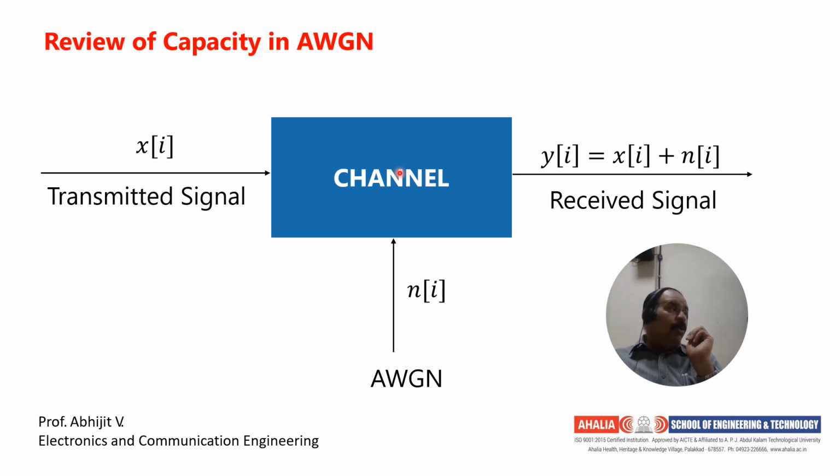Noise is the AWGN, additive white Gaussian noise, and this noise is added to the input signal to receive the output. The noise here is represented by N[i].